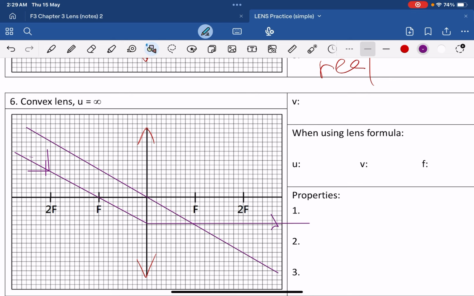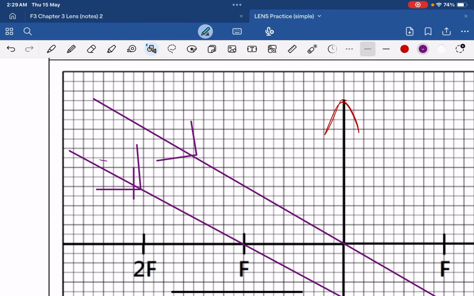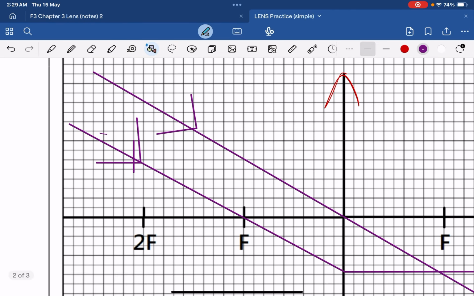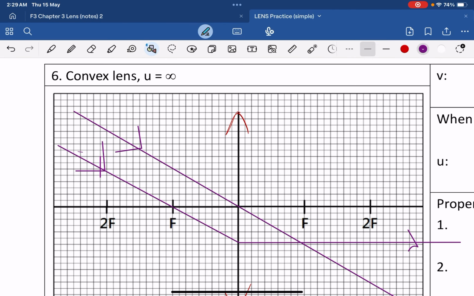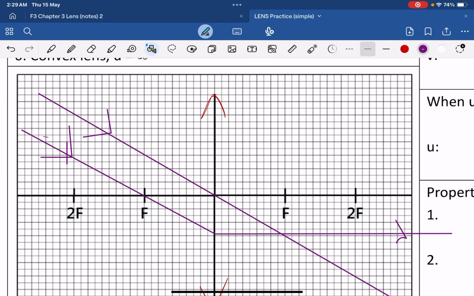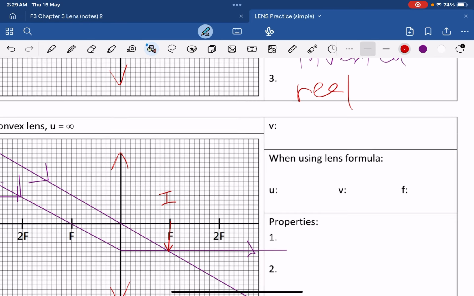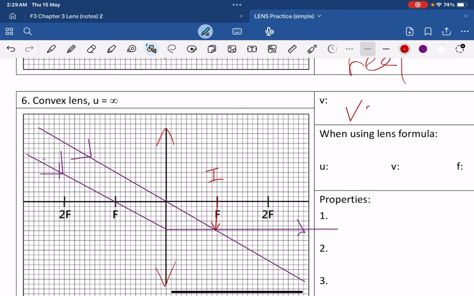Okay, now you see, the incident rays are parallel to each other, right? So because u is infinity, you can locate the image, which is formed at the focus. So this is the image. So v is equal to f.